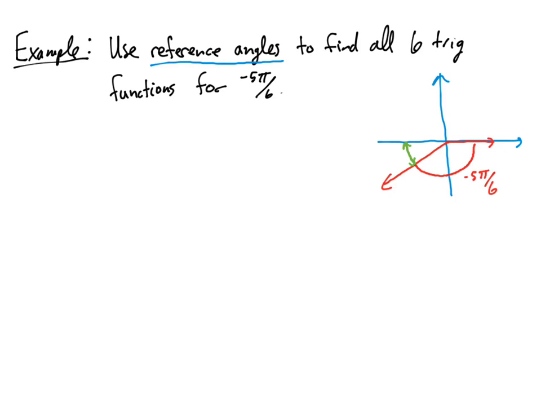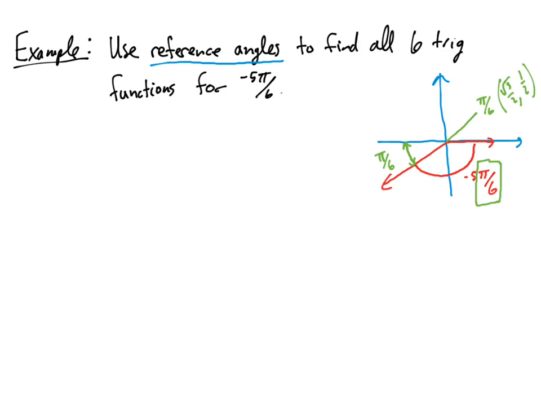Okay? And the shortcut for a reference angle, anytime we have an angle that's in radians, is just to look at the pi and then what the denominator is. So the reference angle is pi over 6. Reference angles are always positive. The reason we care about the reference angle is because the coordinates for pi over 6 in the first quadrant are √3 over 2 and 1/2.